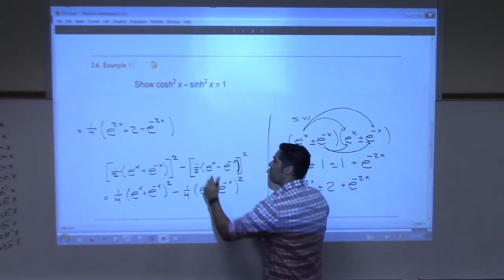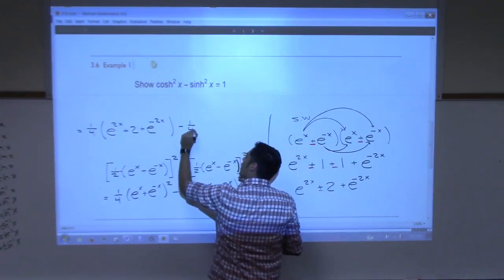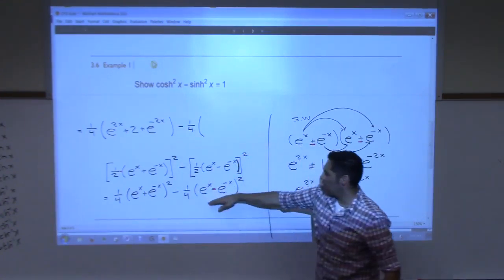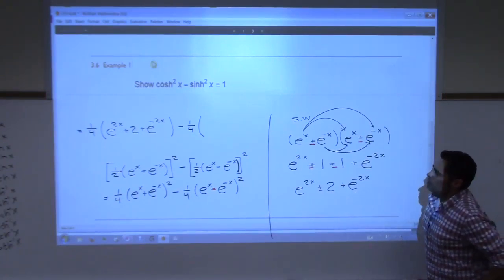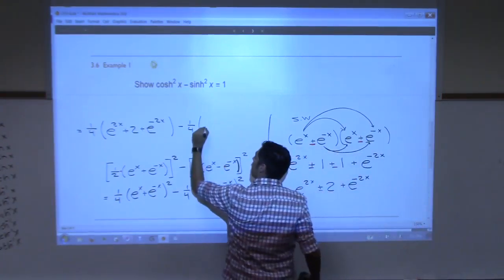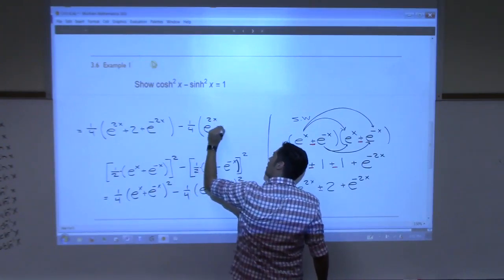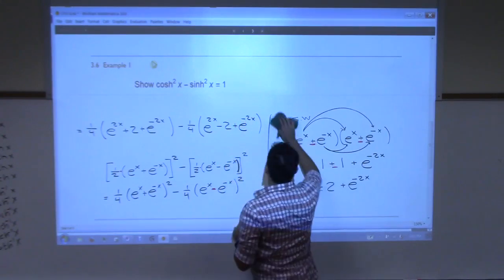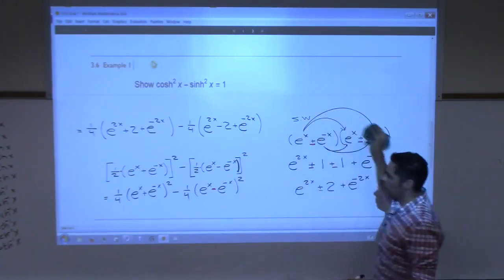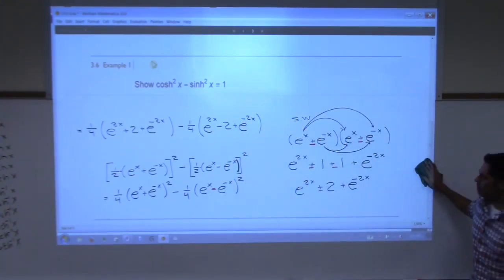Minus 1/4. And then everything that this turned into, which was this one right here with the little red negative 2 right there. So e to the 2x minus 2 plus e to the negative 2x. May I erase? This is gone? Okay.